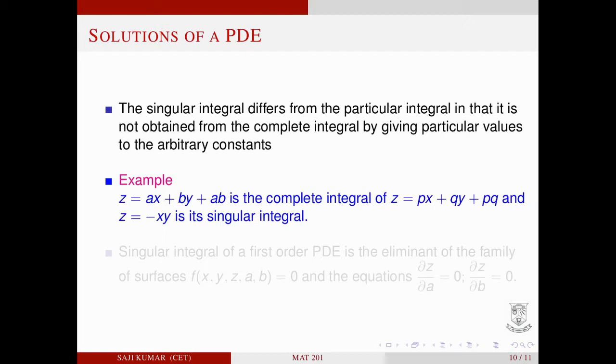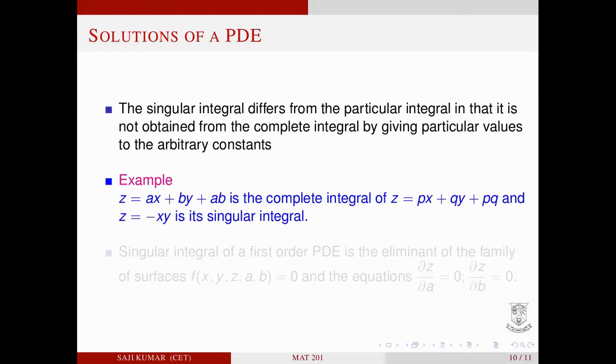And if you substitute values for a and b, for example a = 2 and b = 3, then we get a particular solution, that is z = 2x + 3y + 6. That is obtained from the complete integral by substituting specific values for the arbitrary constants, and that solution is called a particular integral.